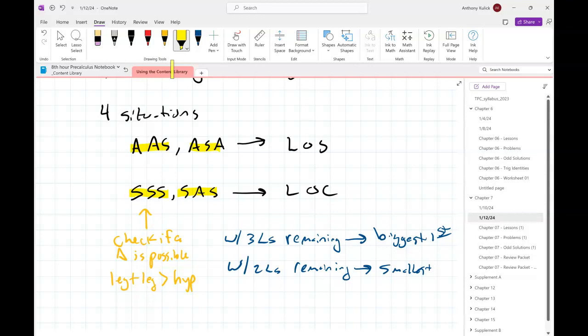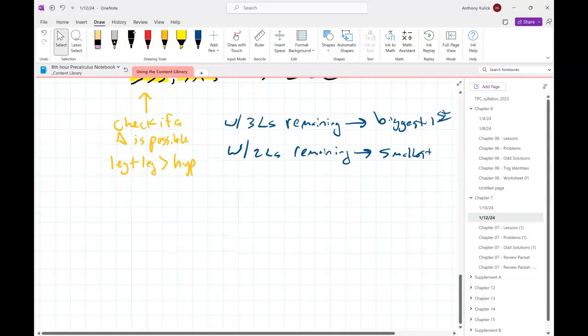That's why you're guaranteed just one triangle possible for these. The SSA was not a triangle congruence theorem in your geometry class. As a result, some weird stuff can happen. So that's what we're going to be talking about the whole of today, is this SSA case.